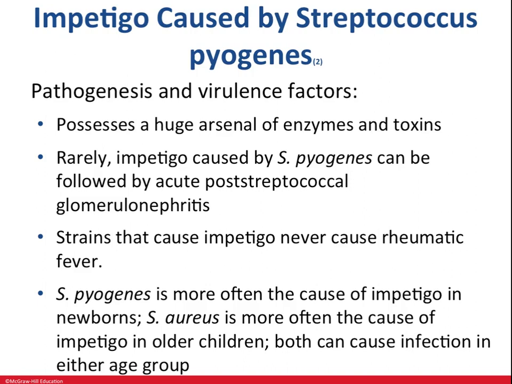The strain that causes impetigo never causes rheumatic fever. Streptococcus pyogenes more often causes impetigo in newborns, whereas Staphylococcus aureus more often causes impetigo in older children.